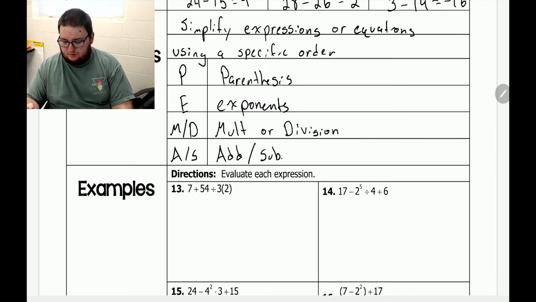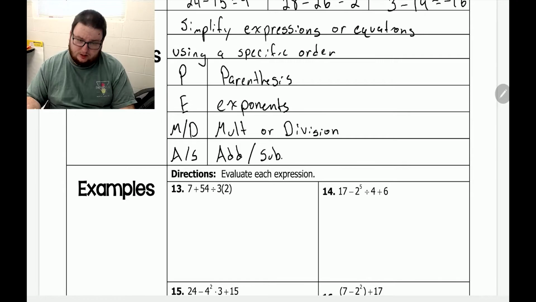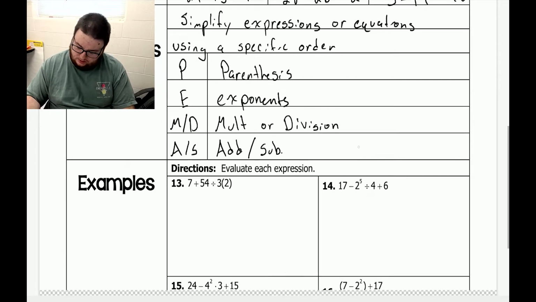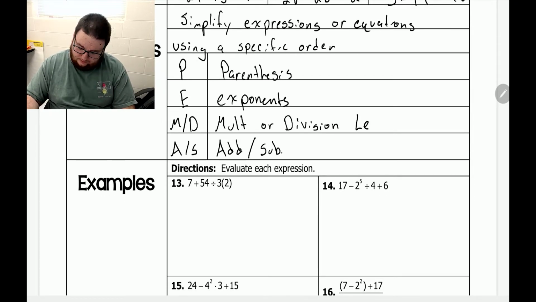And what we're going to do is, of course, multiplication, division, and addition and subtraction. You have to go left to right.